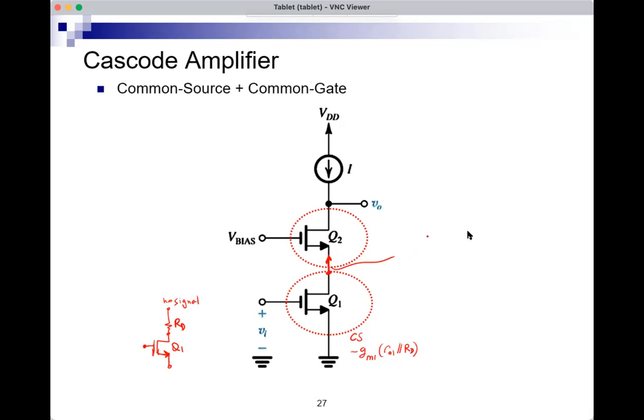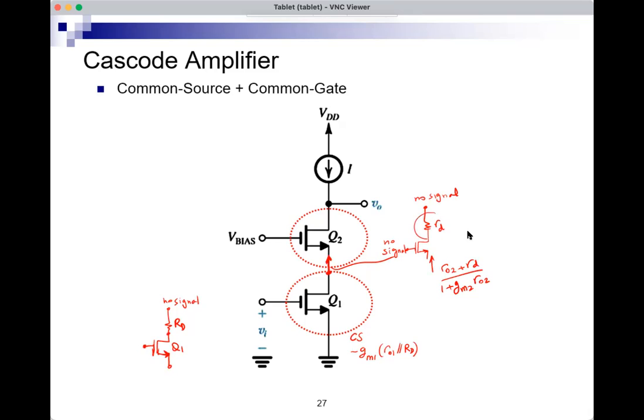If I'm looking into the source of a MOSFET with no signal here and an RD here to a no signal node here, I'm looking into the source terminal of this MOSFET. And there is a formula for that. Again, from the formula sheet, it's RO2 plus RD over 1 plus GM2 RO2.